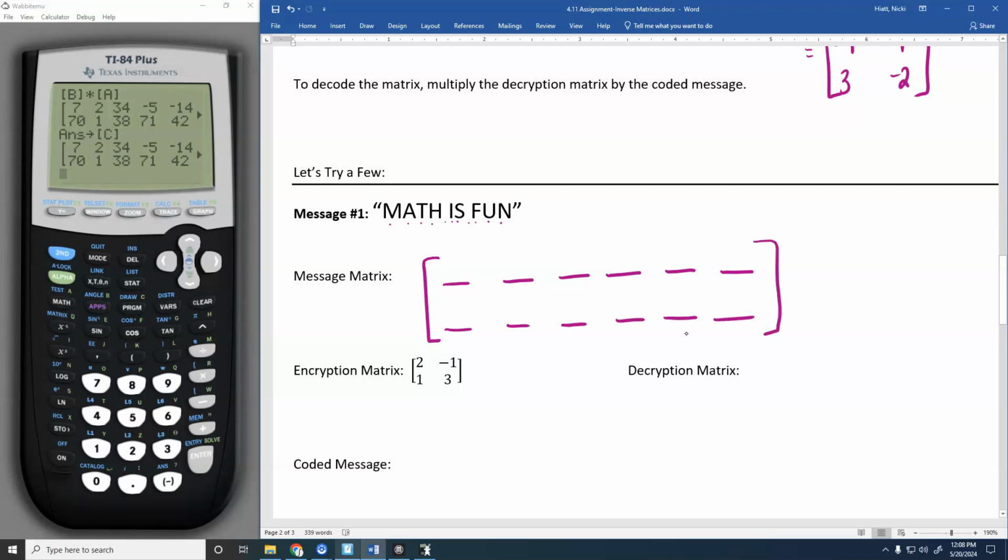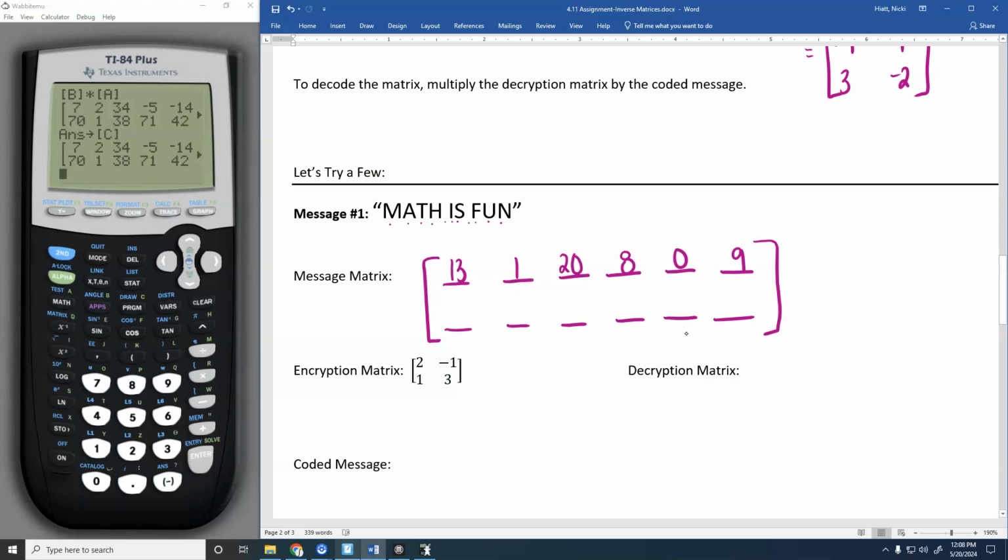And we're just going to use our alphabet code for this first part. So I know I copied this front and back, and now you can't look at your code, so you just copy mine if you want. M is 13, A is 1, T is 20, H is 8. We'll put a 0 for the space. I is 9.